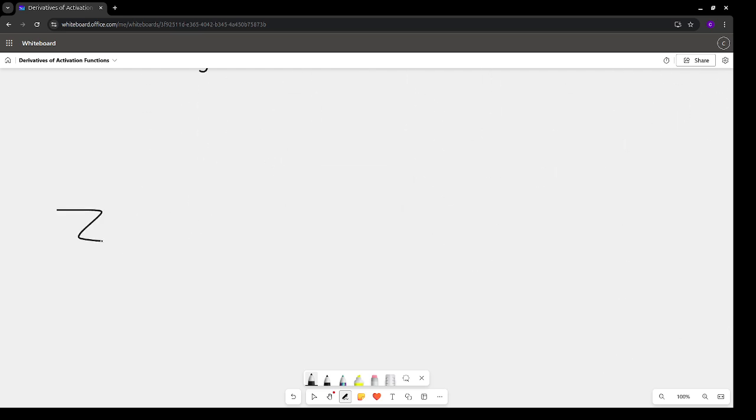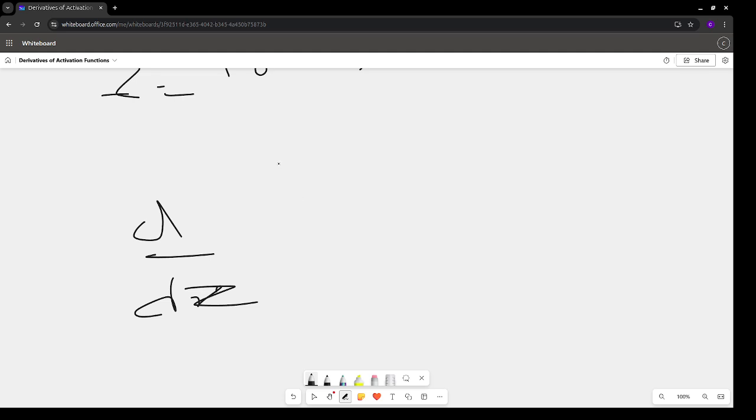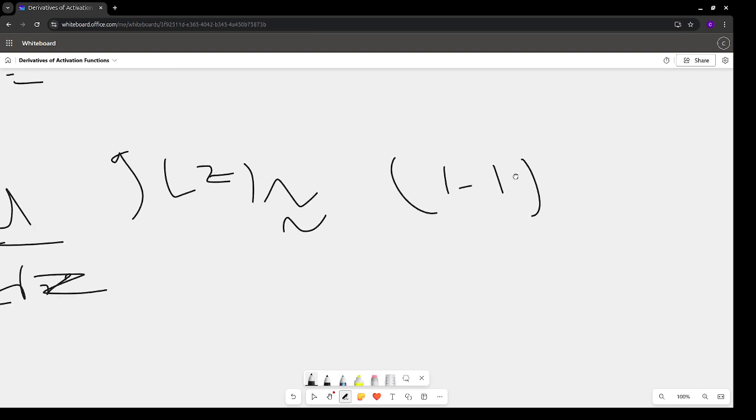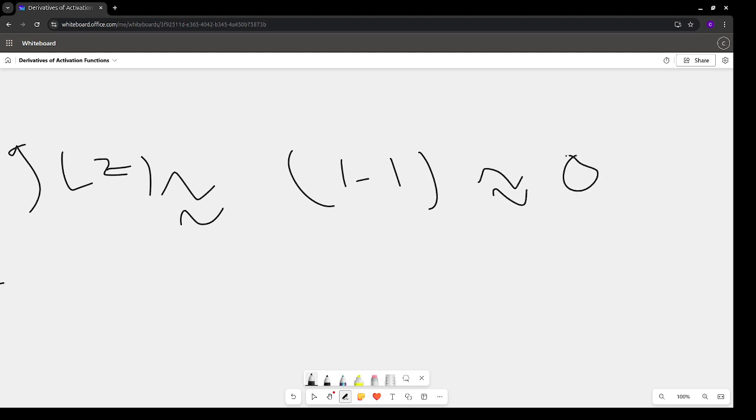And that will be, at Z equals to, G of Z roughly equals 1 minus 1, which roughly equals 0, right? So that's the basic thing for the sigmoid function.